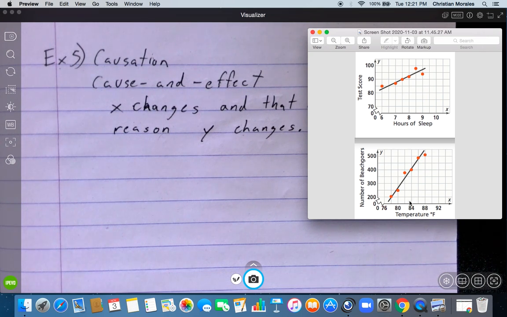Is this in the morning, at noon, nighttime? You'd have to control for a lot of variables just to make sure that this is true. So I'm not sure about this, possibly, but I'm not going to say it's causation. I think there is a correlation, but temperature is not the only reason people go to the beach. Could be a holiday. Okay, so that's it, guys. That's the last one, causation.